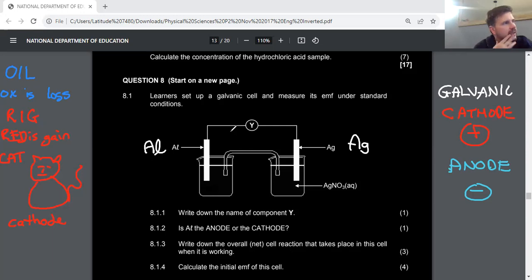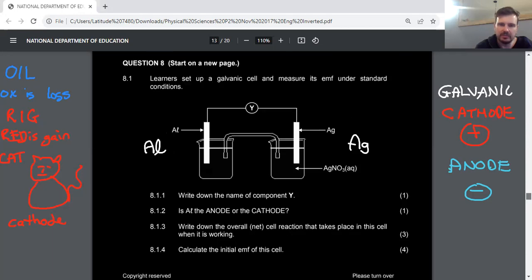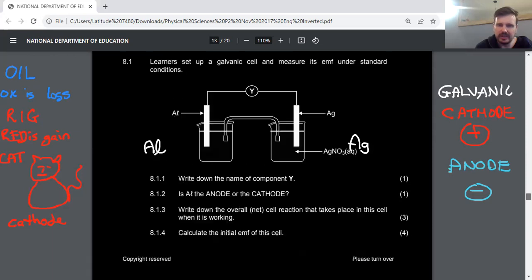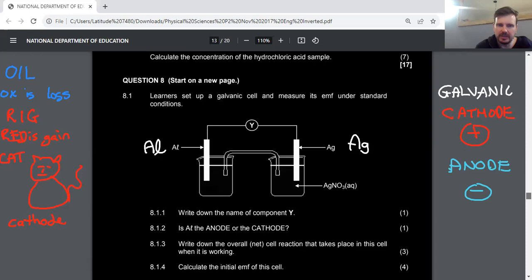It could also be the thing that measures the direction, a galvanometer. I think it's probably a galvanometer, although we'll see, because that will then measure the direction.